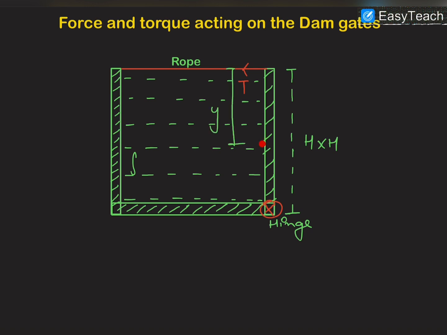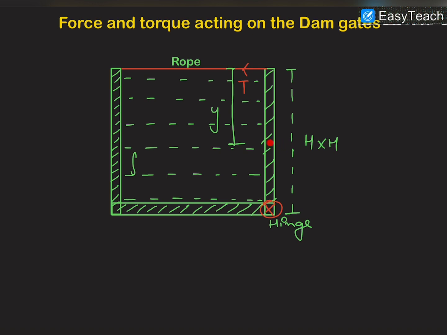The pressure at this point will be P naught plus y rho g, but it is important to note that P naught is the atmospheric pressure, and the atmosphere is also applying some force on this wall from outside. So the outer pressure of the atmosphere is also P naught.